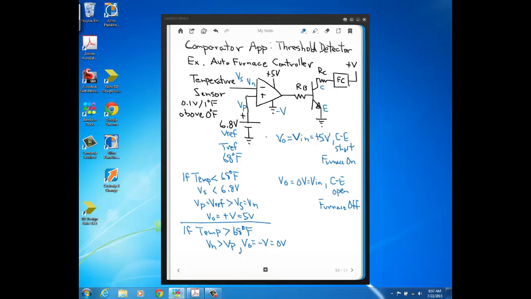Now, just some practical tidbits before we end this video. One is that in a practical circuit, it's unlikely that this reference voltage would be a whole other source, because you already have a source that's applying the power to the op amp. So usually it's not cost effective to have a whole other source over here for your reference voltage.